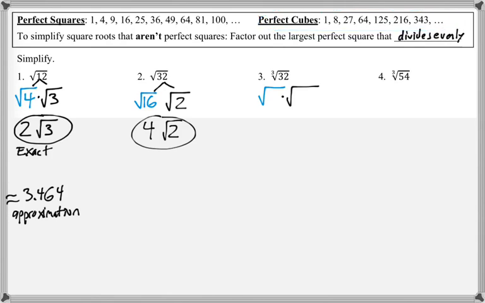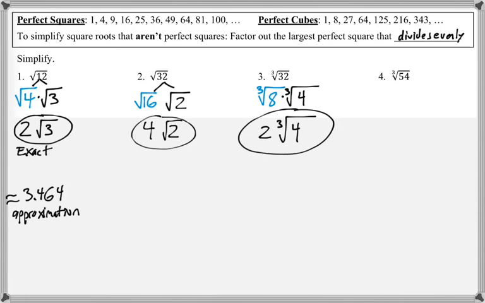Nope. So 8 is the largest perfect cube that divides into 32. And it goes in 4 times. Although I am forgetting the index of my root here. There we go. Okay, so the cubed root of 8 is 2, and I still have that cubed root of 4. So that'll be my answer.